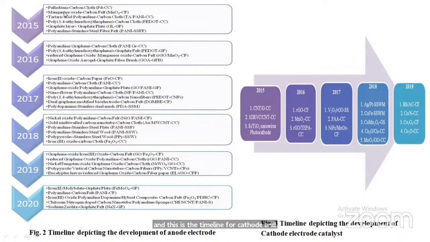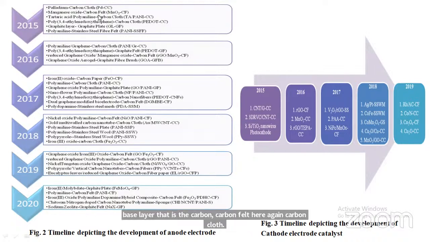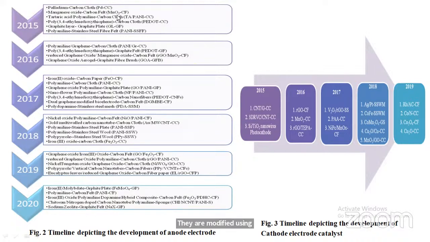If we have a look at this timeline, we see that largely the carbon-based materials, which act as the base layer, that is carbon cloth, carbon felt, here again carbon cloth, are modified using either metals or largely metal oxides like manganese oxide. Here, polyaniline is used in combination with carbon cloth.